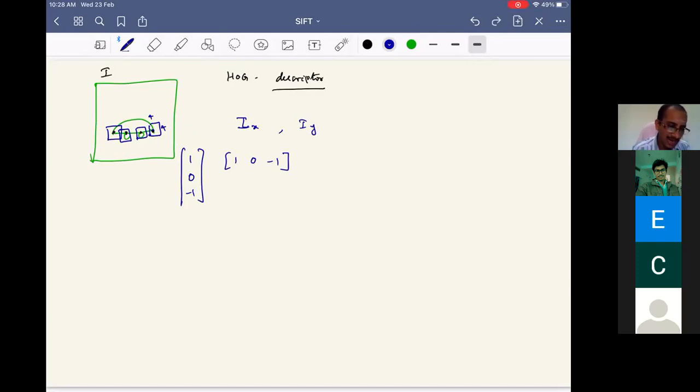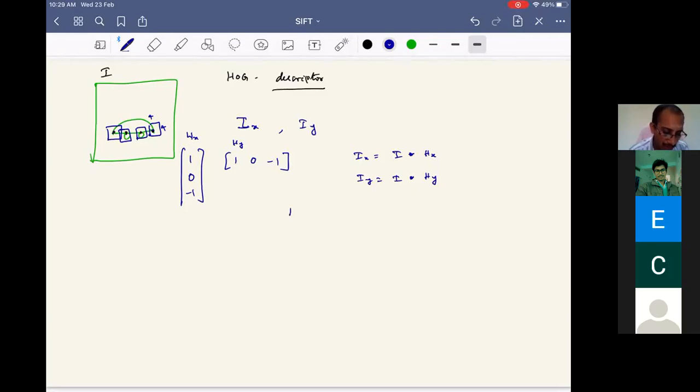This filter I will call hx, and this is hy. Ix you obtain by convolving the image with hx, and Iy you obtain by convolving the image with hy. Once you get this, you can also write this in terms of expressions, that you will see in the slides.